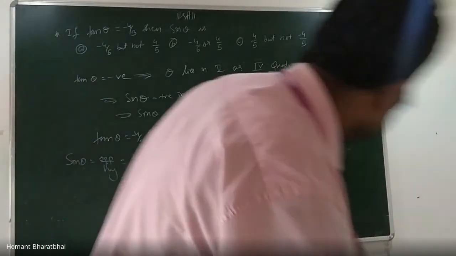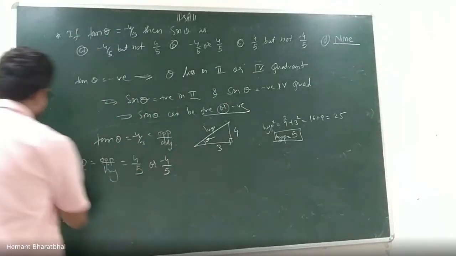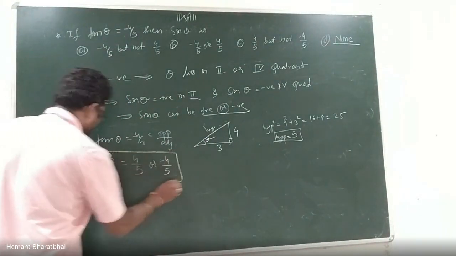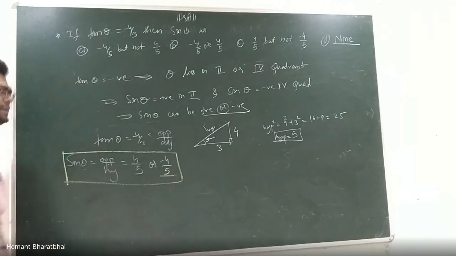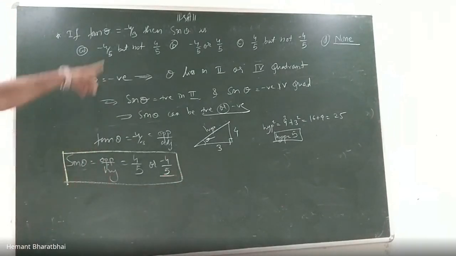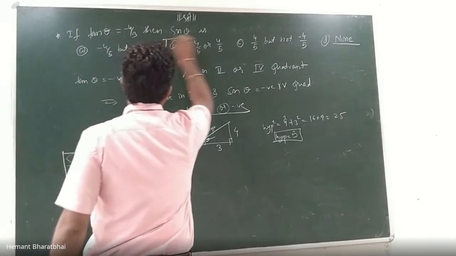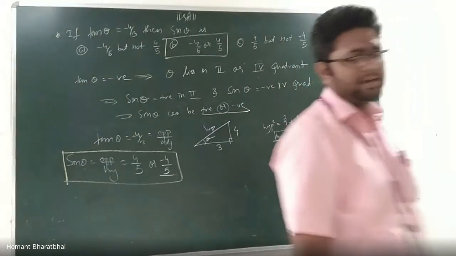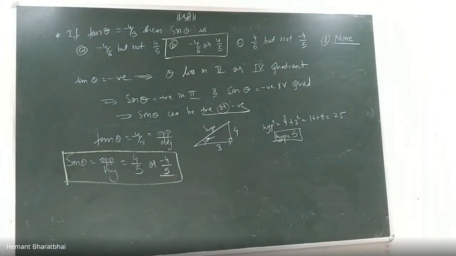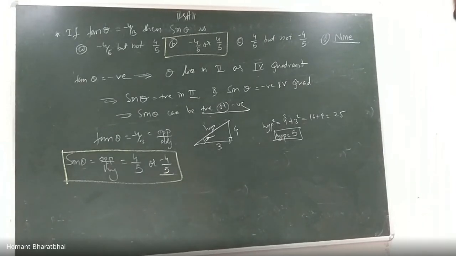If theta is in the second quadrant, then sine of theta will be 4 by 5. And if theta is in the fourth quadrant, then sine of theta will be minus 4 by 5. Hence, the option is option number B. Therefore, sine of theta will be 4 by 5 or it can be minus 4 by 5.